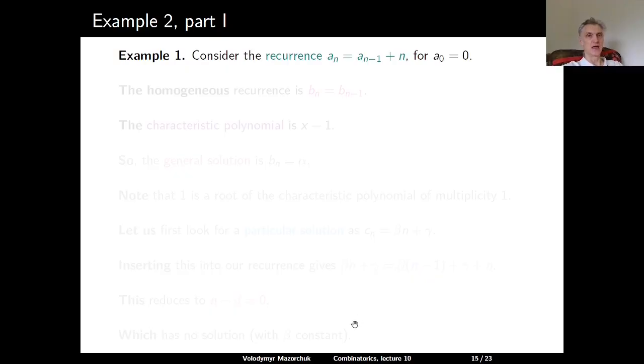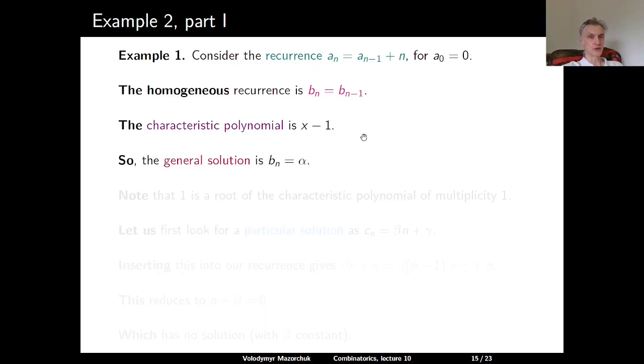Example 2. Consider the recurrence a_n = a_{n-1} + n for a_0 = 0. The corresponding homogeneous recurrence is b_n = b_{n-1}. The characteristic polynomial is x minus 1, and here we see that 1 is a root of multiplicity 1.